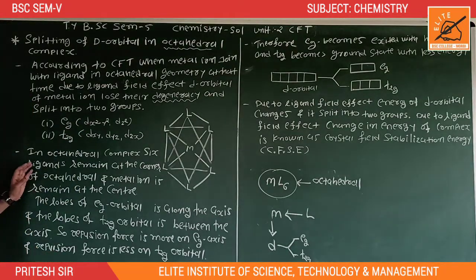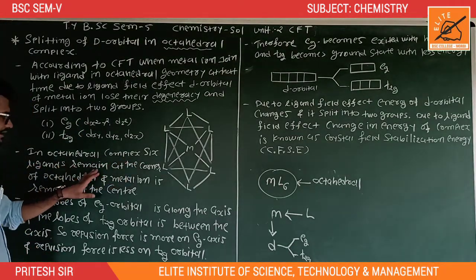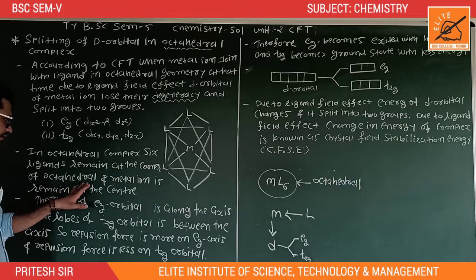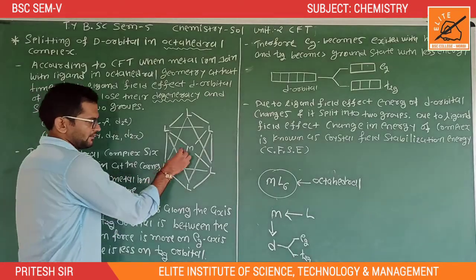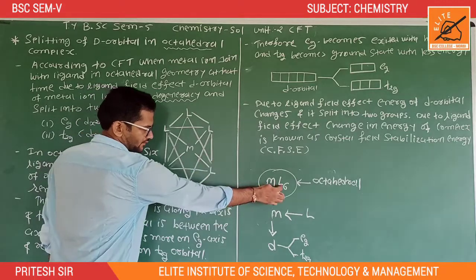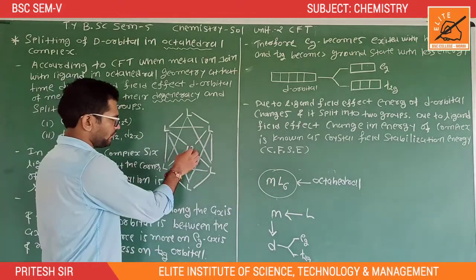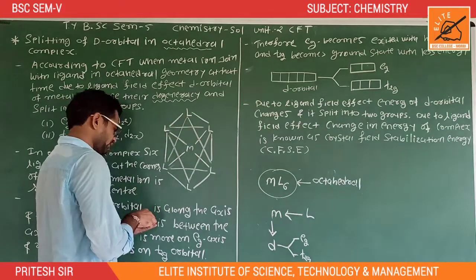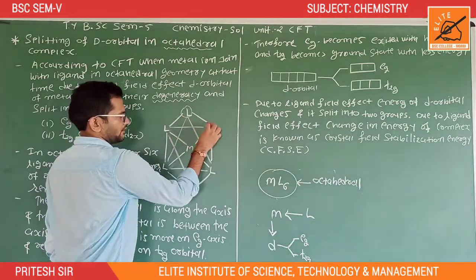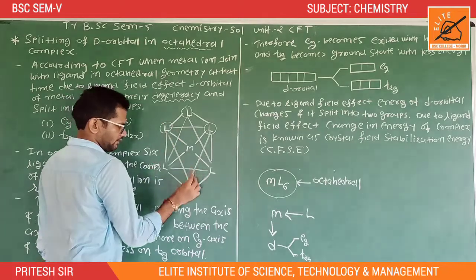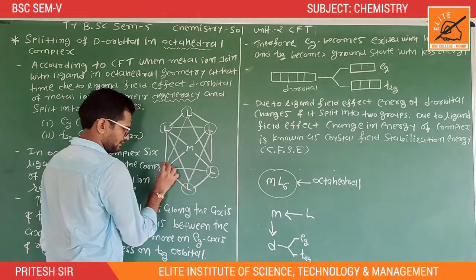In octahedral complexes 6 ligands remain at the corner of the octahedral. It means here the metal ion is attached with 6 ligands: this one is first, second, third, fourth, fifth and sixth.